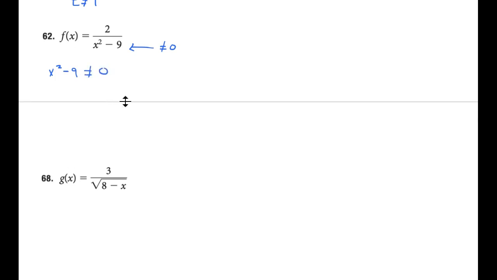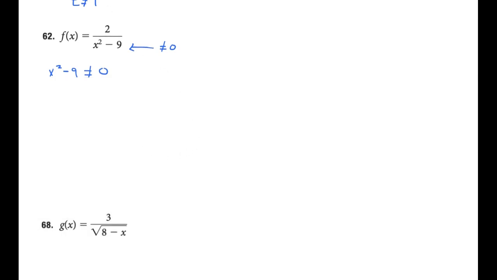Some people use equal 0 and then just try to remember that that's not going to work, but I just like to say it cannot equal 0 and leave it like that through the problem. So I'm going to add 9 to both sides and I get x squared cannot equal 9. Again, I'm going to take the square root of both sides and say x cannot equal plus or minus 3. Either one that I put in is going to be squared and they're both going to equal 9, so you've got to make sure and say both of them.